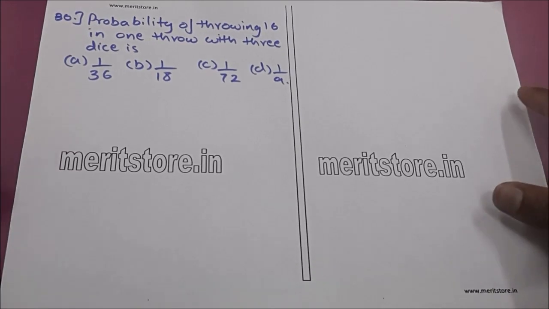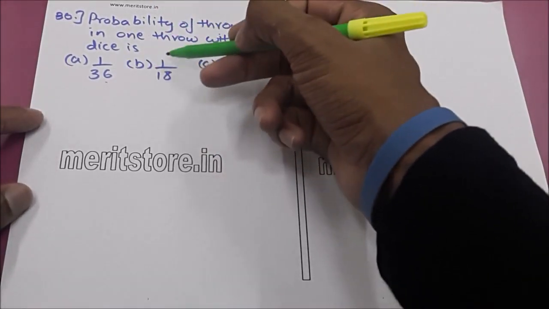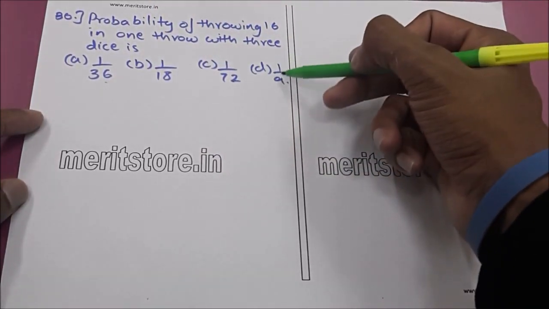Question 30. The probability of throwing 16 in one throw with 3 dice is A 1 by 36, B 1 by 18, C 1 by 72 and D 1 by 9.